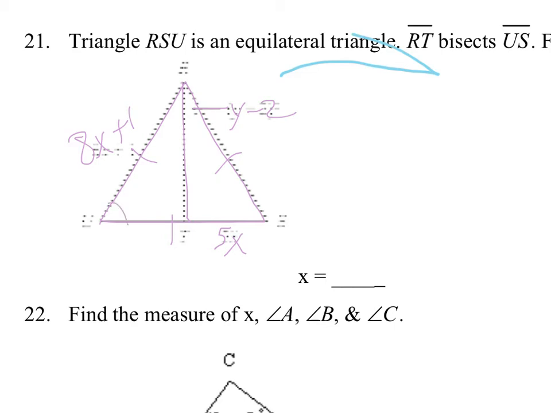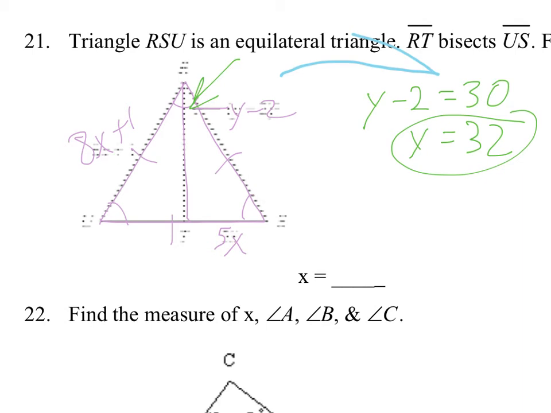If it's equilateral, it's also equiangular, meaning all the angles are 60 degrees. Well, this angle right here is cut in half, which half of 60 is 30. So y minus 2, which is that half angle, is actually equal to 30 degrees. Add 2 to both sides, and y equals 32.